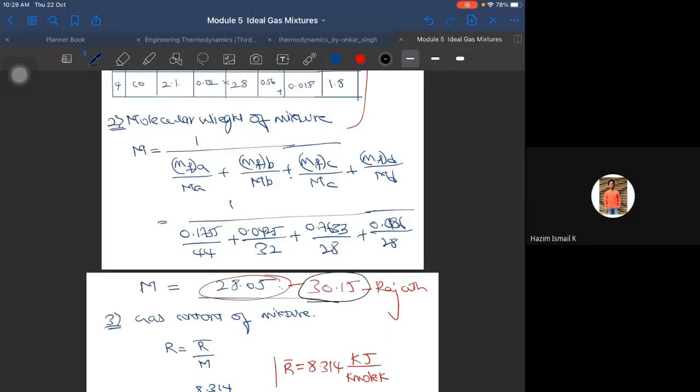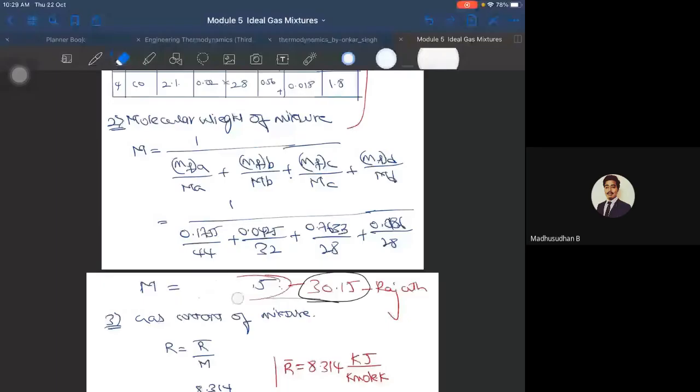So most of you are saying the correct answer is 30.15. So just change this in your notes to 30.15, because I don't have the values. I have to do it manually.